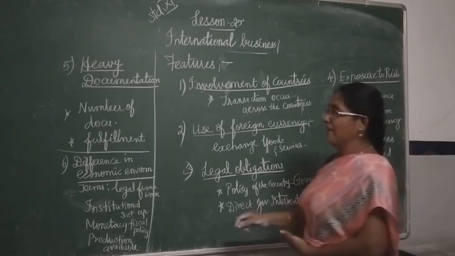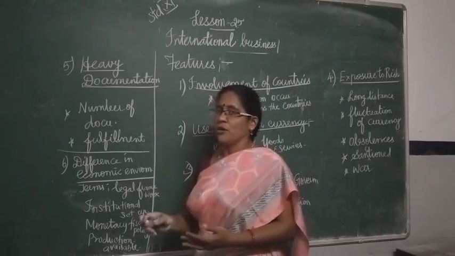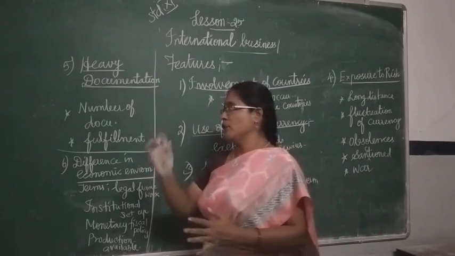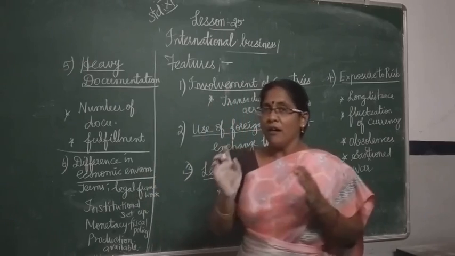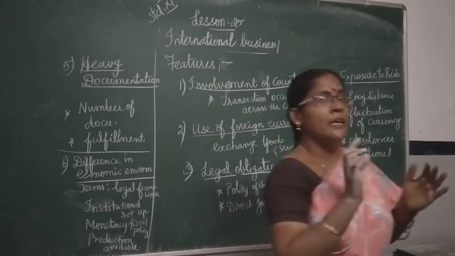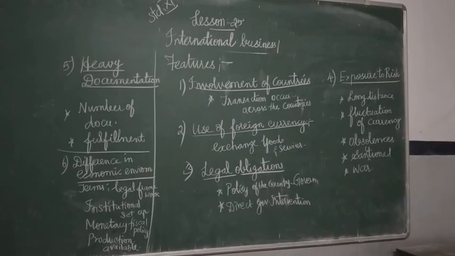And then heavy documentation. The number of documents should be fulfilled. All the requirements of that particular country, its currency and its documents, they have to fulfill. In international business, it is necessary to fulfill a lot of formalities.